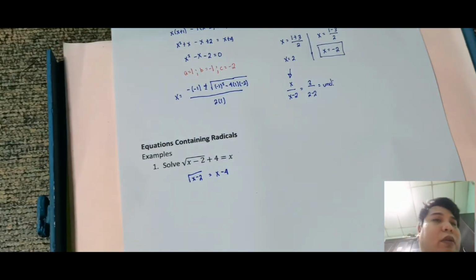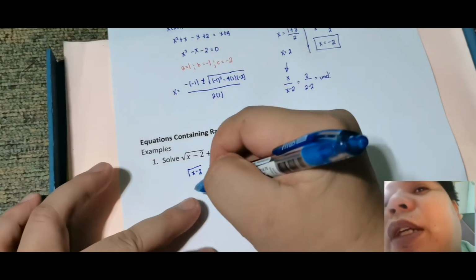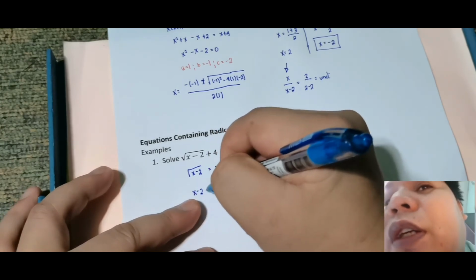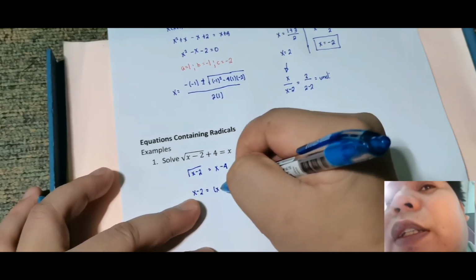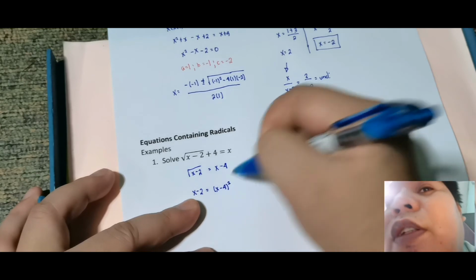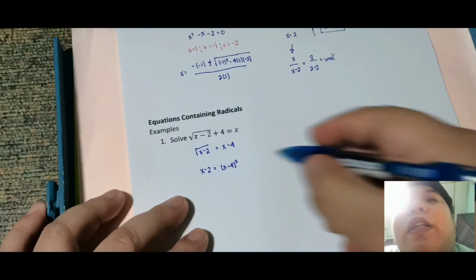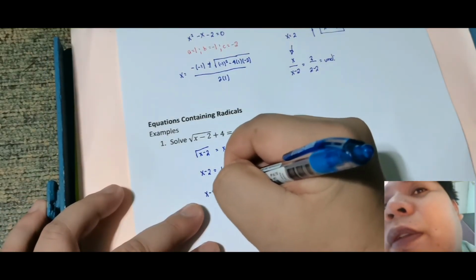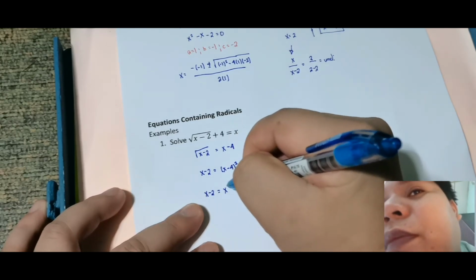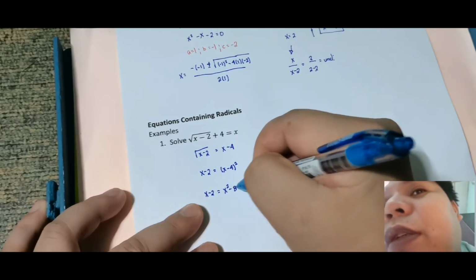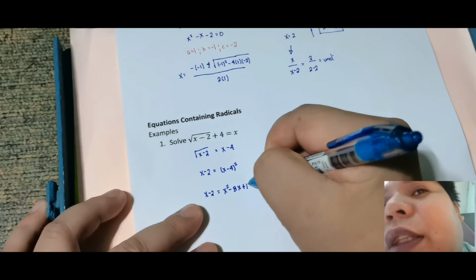Then we square both sides. So this is just x minus 2, equal to x minus 4 squared. Then that is x minus 2 is equal to x squared minus 8x plus 16.